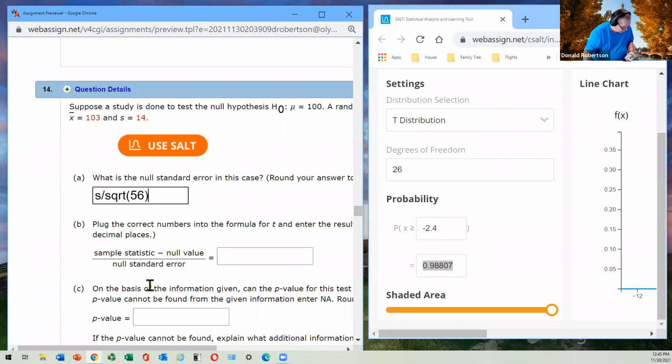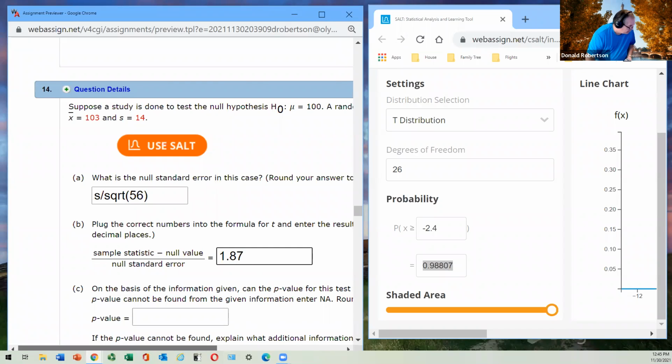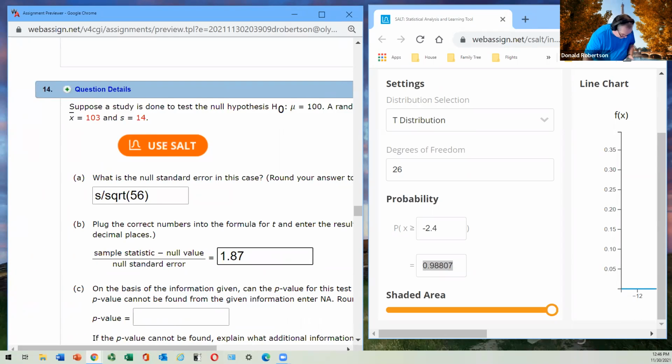And that gives me about 1.87. I should check the accuracy. 3 decimal places. So 1.871 if you round it off. And that number there goes here.